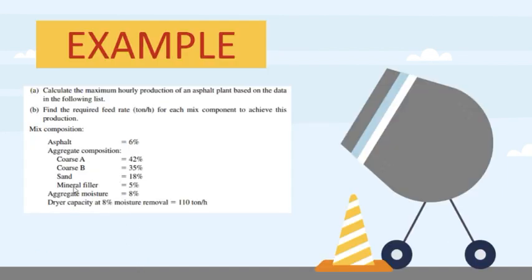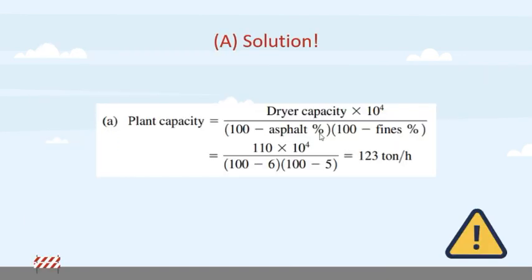The dryer capacity is 110 tons per hour. The asphalt percentage is 6%, so 100 minus 6, multiplied by 100 minus fines. The fines are the mineral filler, 5%. In total, we get 123 tons per hour.